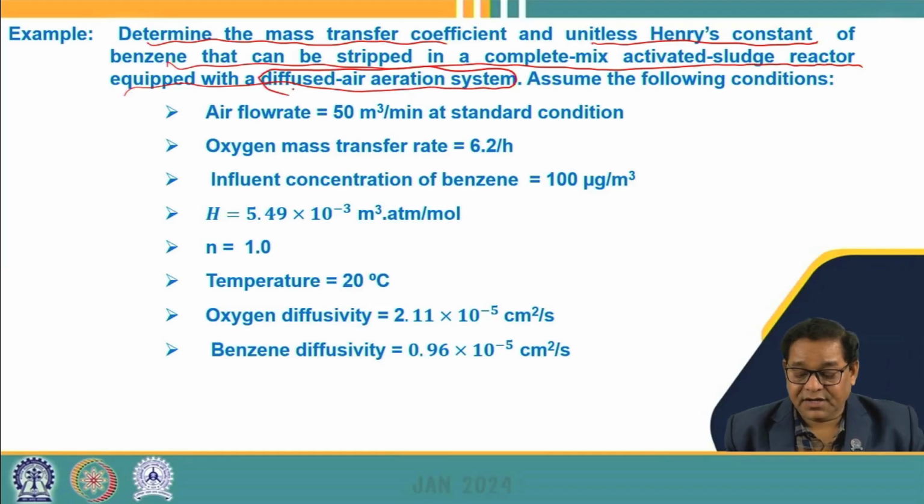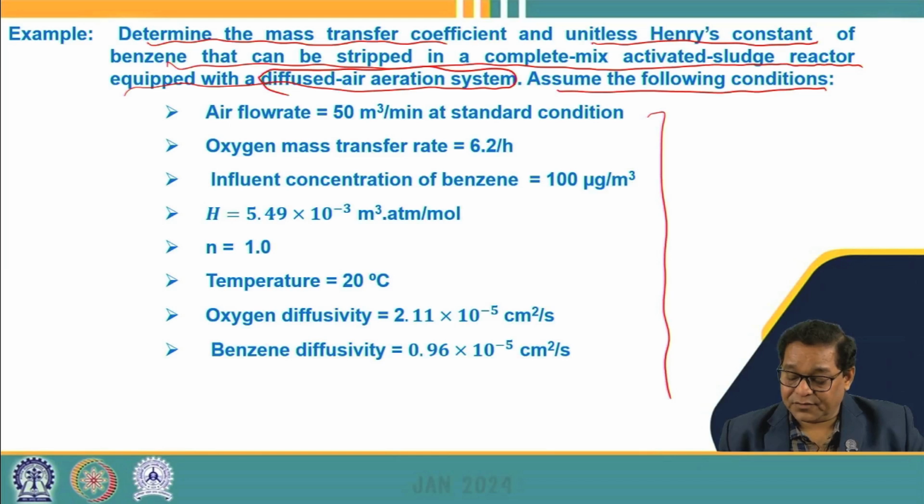So here the aeration system and the completely mixed activated sludge reactor are defined, and we are given the following data to find out the mass transfer coefficient and Henry's law constant.